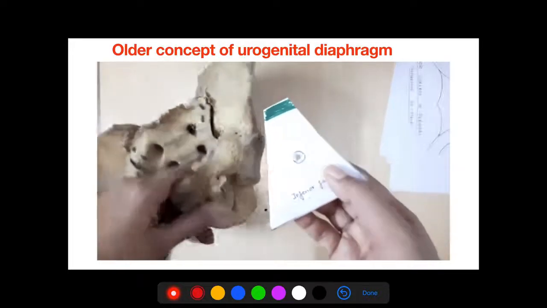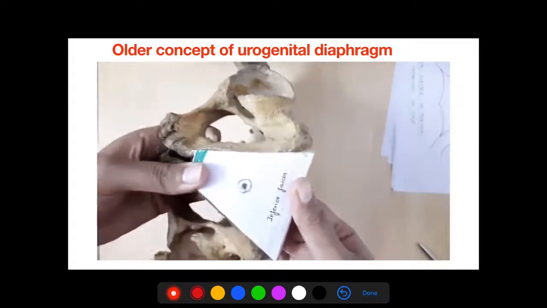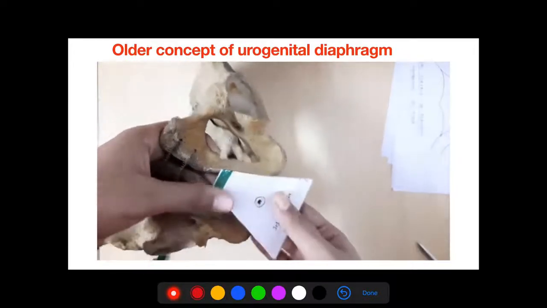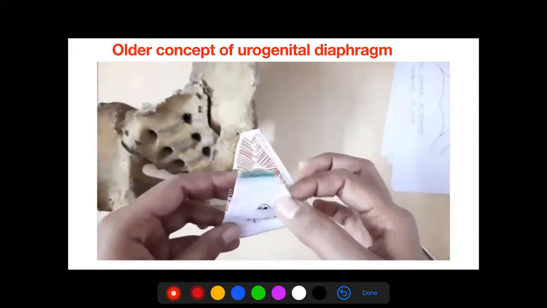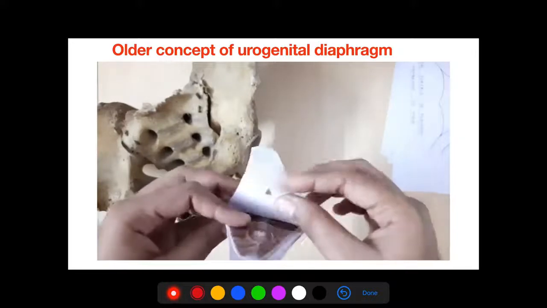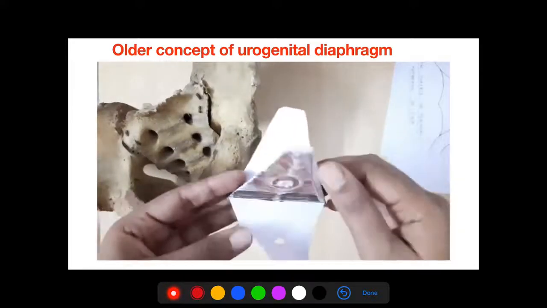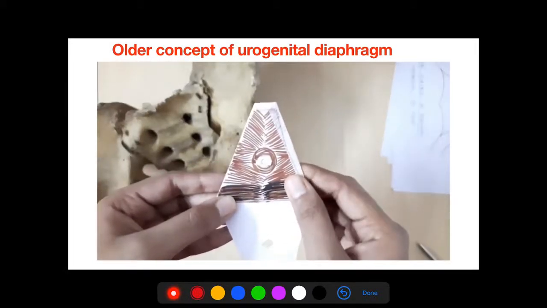It attaches on the articulated pelvis like this. This urogenital diaphragm has two fascias. This is the inferior fascia and this is the superior fascia. And in between these fascias there is one muscle mass.